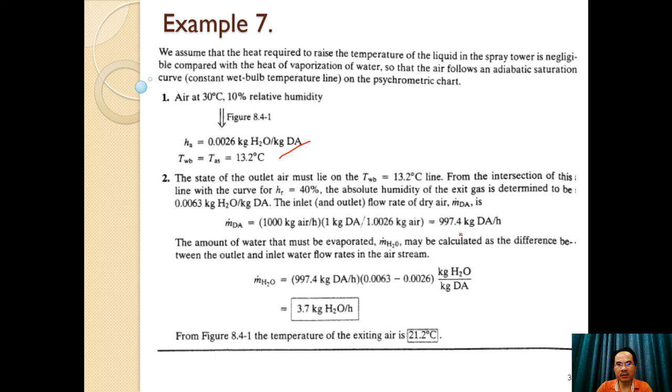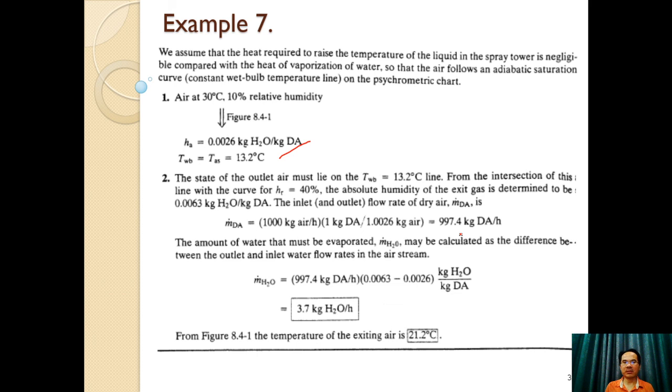The amount of water that must be evaporated may be calculated as the difference between the outlet and inlet water flow rate in the air stream. We know the mass flow rate of dry air is 997.4 kilograms dry air per hour, multiplied by the difference in absolute humidity, 0.0063 minus 0.0026.